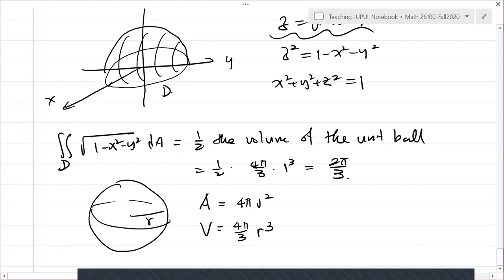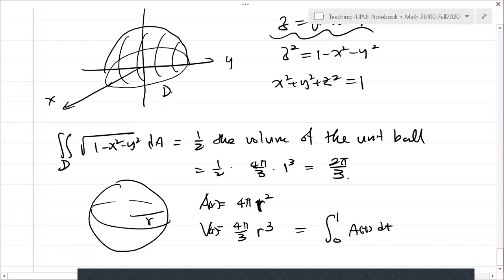So for the sphere, the surface area is 4 pi r squared, and the volume is 4 pi over 3 r cubed. Actually, this is the integral from 0 to r of the surface area 4 pi t squared dt.